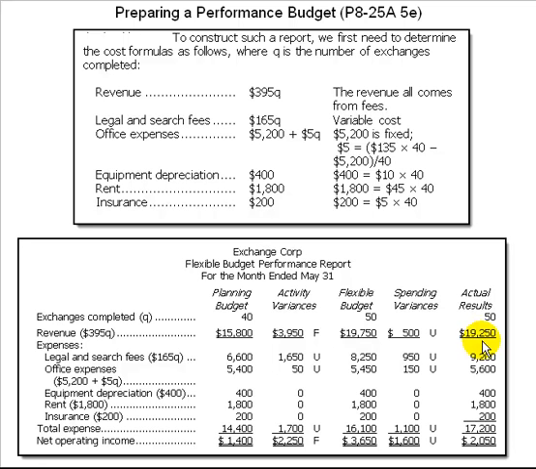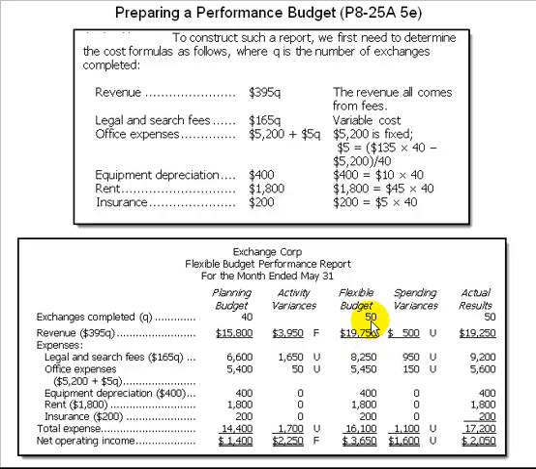Here, $19,250 is a result of the exchanges completed, which was 50, given earlier in the problem, times the revenue that was also given per exchange, which was 385. So 50 times 385 is 19,250. If we had 50 units times the revenue that we planned for, 395, we're going to get a different number, and that number is 19,750.